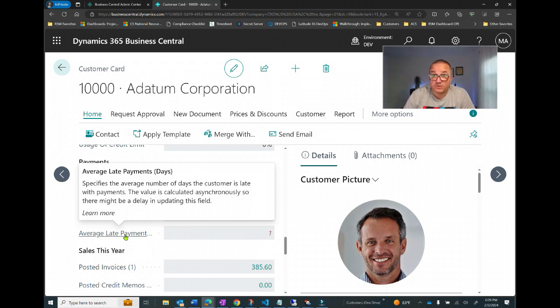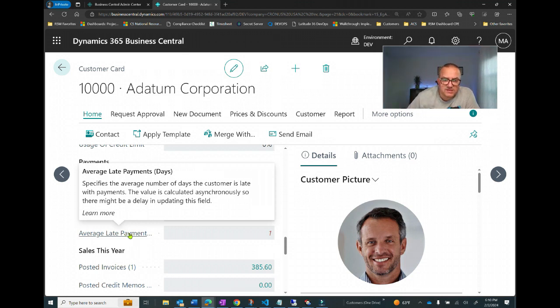Whereas the other one was March 1st and April 1st, but the customer paid it on April 2nd. Therefore, it's one late day. And on average, because we have one late day for 2 invoices, that means it's 0.5 days of late payments.